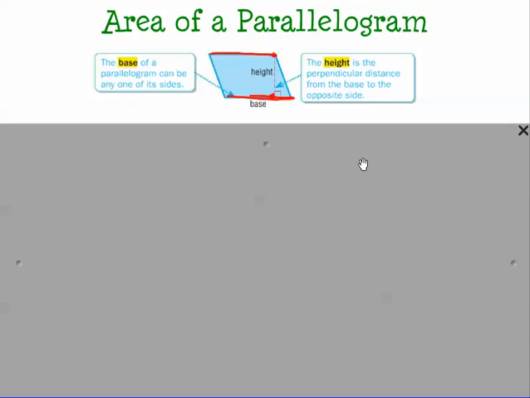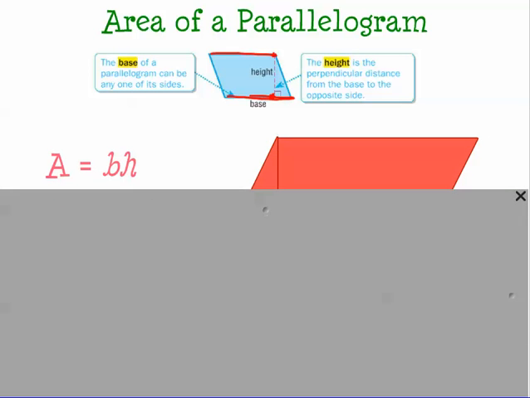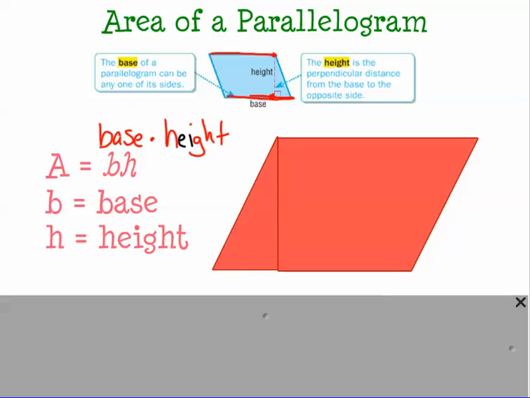So in this case, you might still kind of think of it as length times width, but we're actually going to call it base times height now. So write this on your notes sheet. Area equals B times H. If you want to write base times height, that's fine. So if you want to see why I said it's a squished one, this is a parallelogram, it's kind of squished.